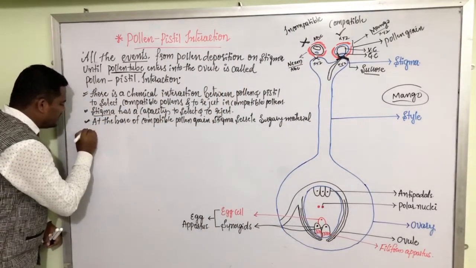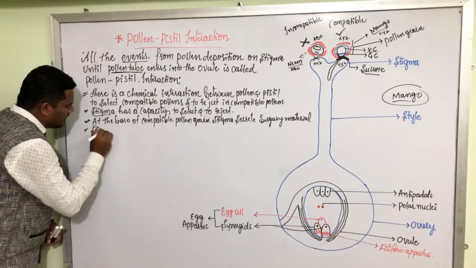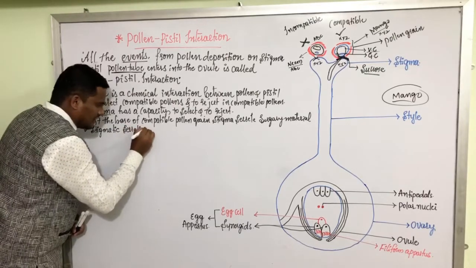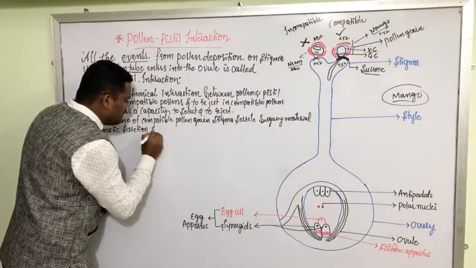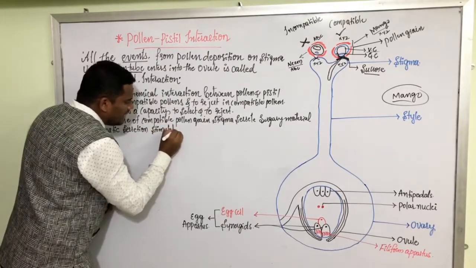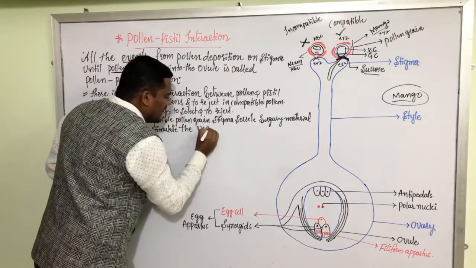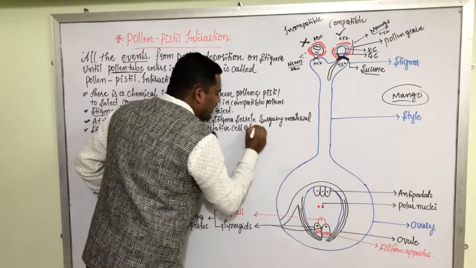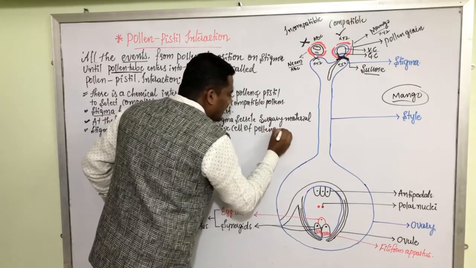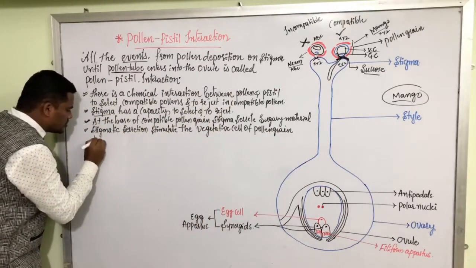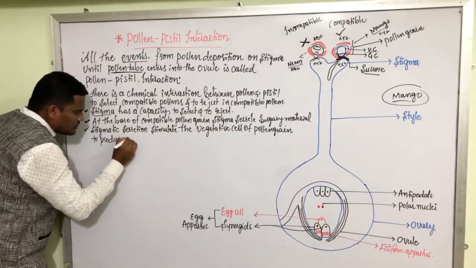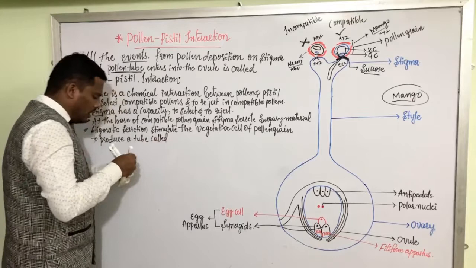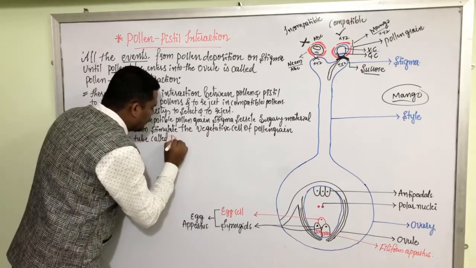What is the next event? The stigmatic secretion, that is nothing but sucrose, stimulates the vegetative cell of the pollen grain to produce a tube called the pollen tube.